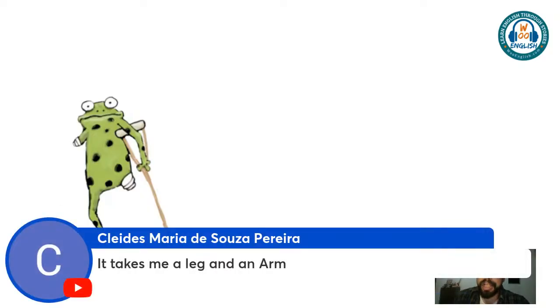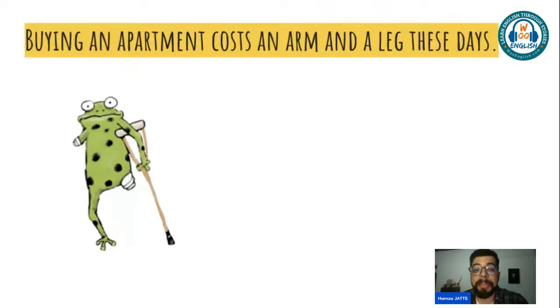It means that something is very costly, very expensive. We say it costs me an arm and a leg. Exactly. That's the expression. So for example, buying an apartment costs an arm and a leg these days, meaning it's very expensive. Or healthcare in the United States costs an arm and a leg, meaning that healthcare in America is very, very expensive.